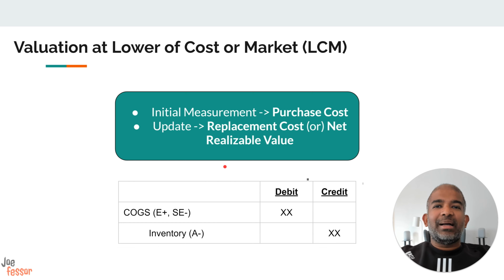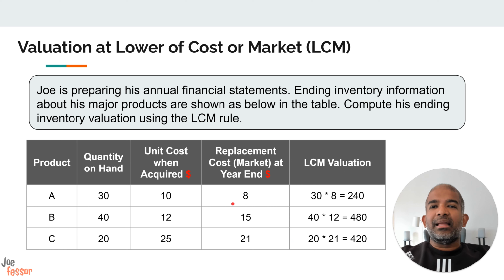So going back to the journal entry, you would debit your cost of goods sold by $60 for product A, and you would credit your inventory by $60. Then for product B, you don't have to make any changes, because the replacement cost is higher than the acquisition cost. Hence, the value of the inventory for product B would remain at 40 times 12, which is $480. For product C, again, the replacement cost is lower than the cost of acquisition.